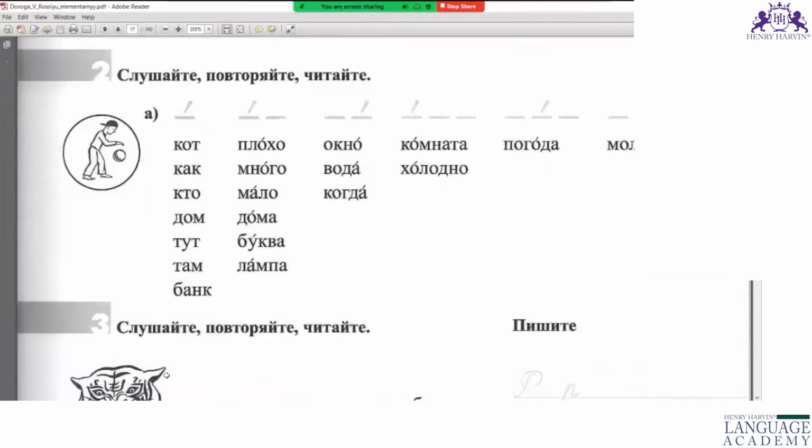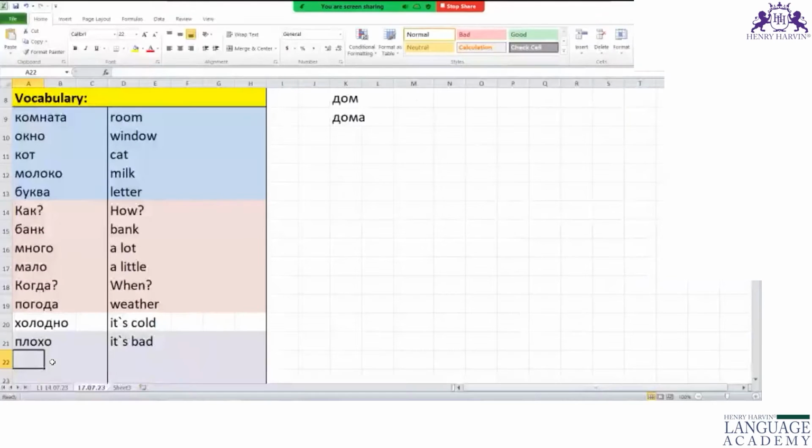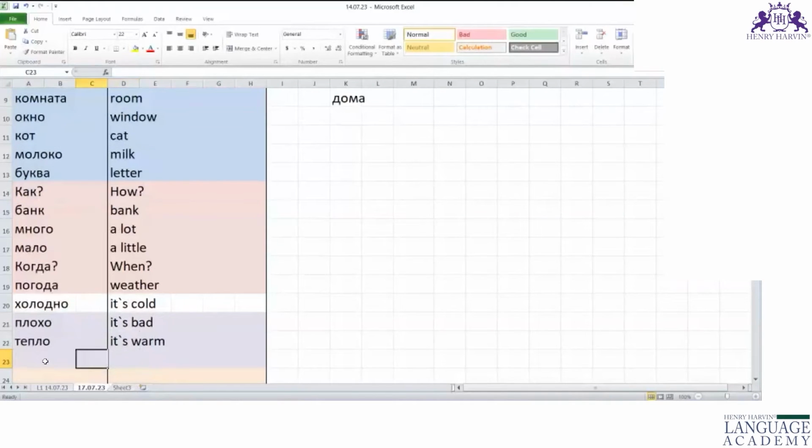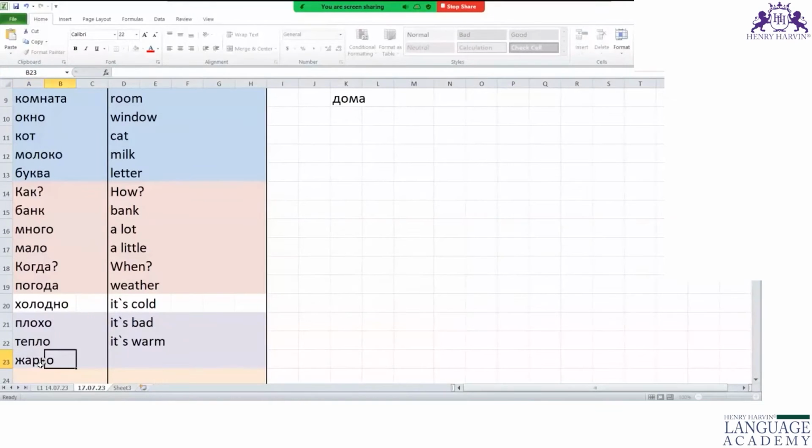Let me give you the word warm. Warm is тепло. Тепло means it's warm. We didn't study this letter yet, but I think it's not a problem, right? And hot is жарко. Жарко means it's hot.